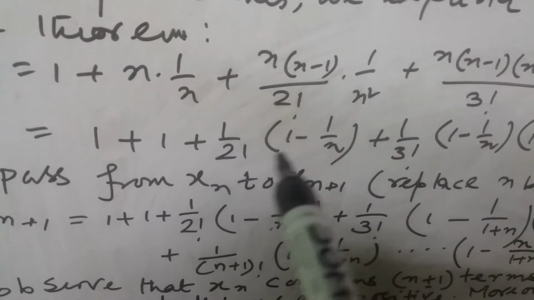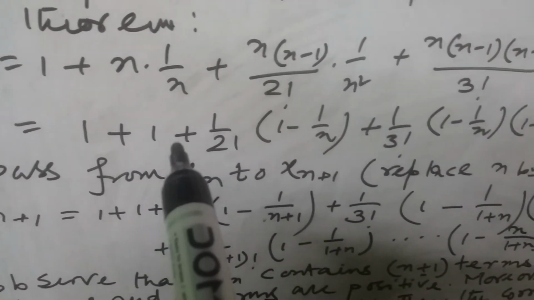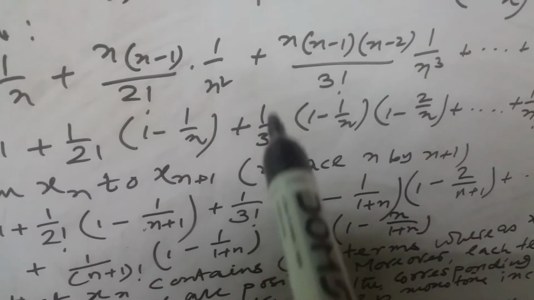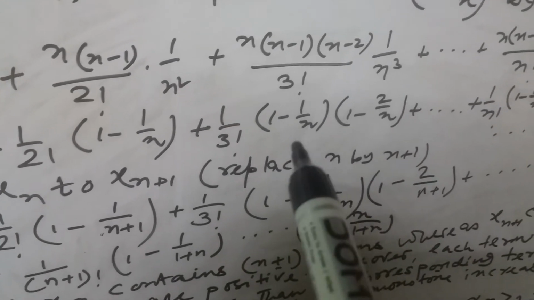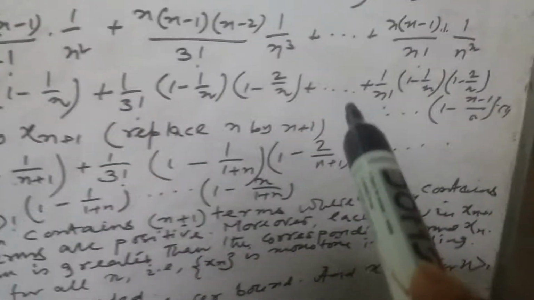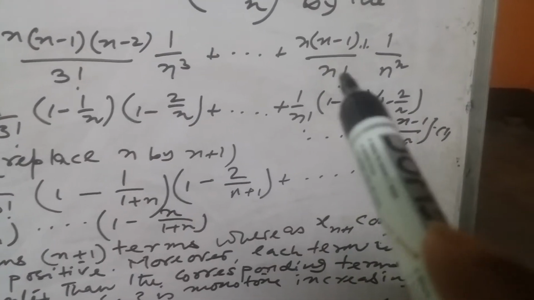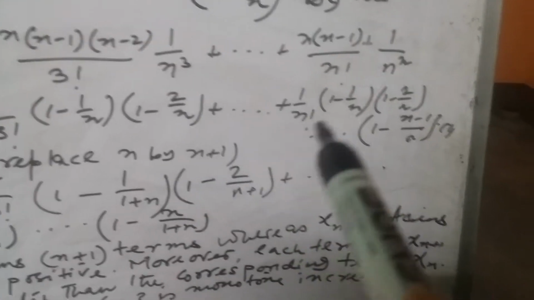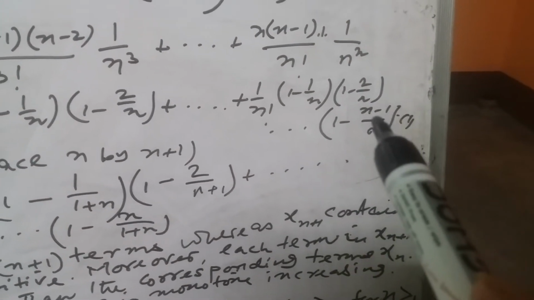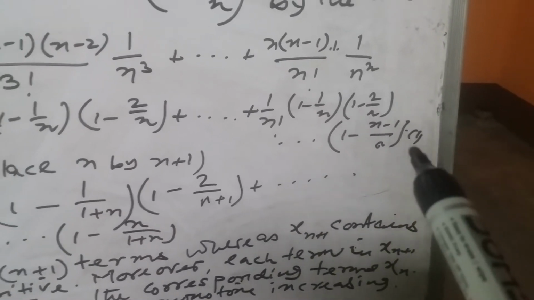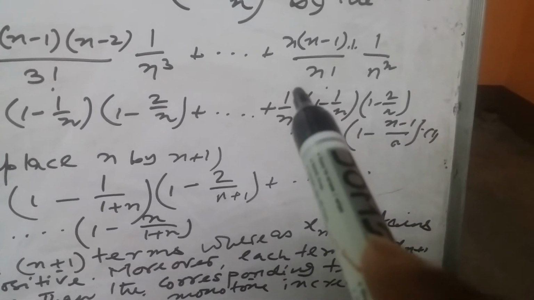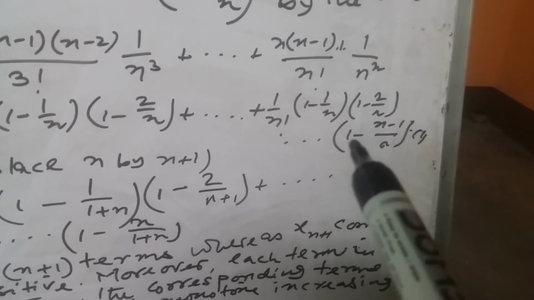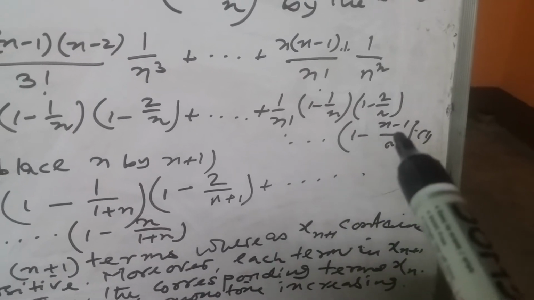Now, if you arrange it, you get 1 plus 1 plus 1 by factorial 2, 1 minus 1 by n, plus 1 by factorial 3, 1 minus 1 by n, 1 minus 2 by n, and so on, up to 1 by factorial n, 1 minus 1 by n, 1 minus 2 by n, dot dot dot, 1 minus n minus 1 by n.